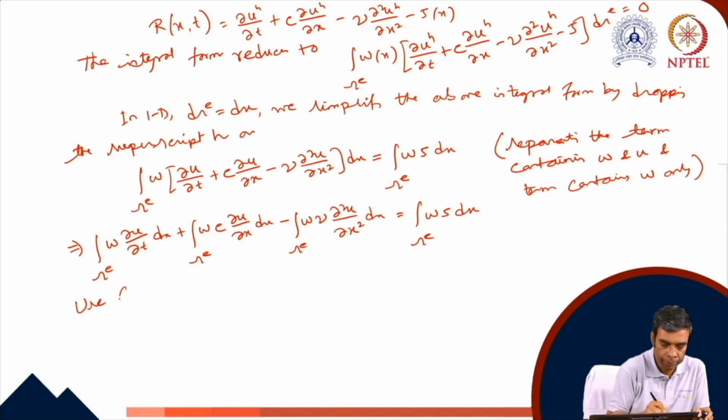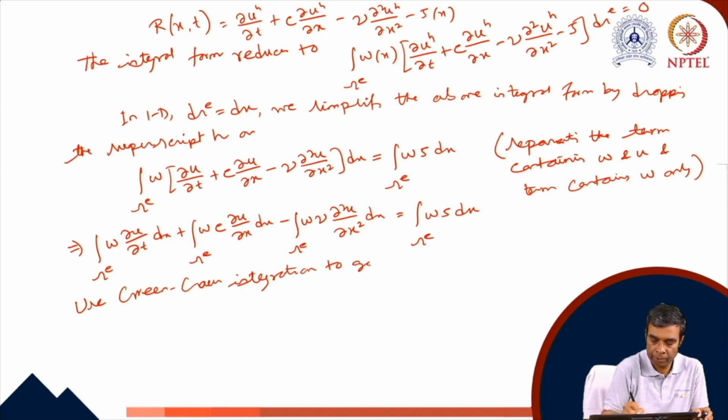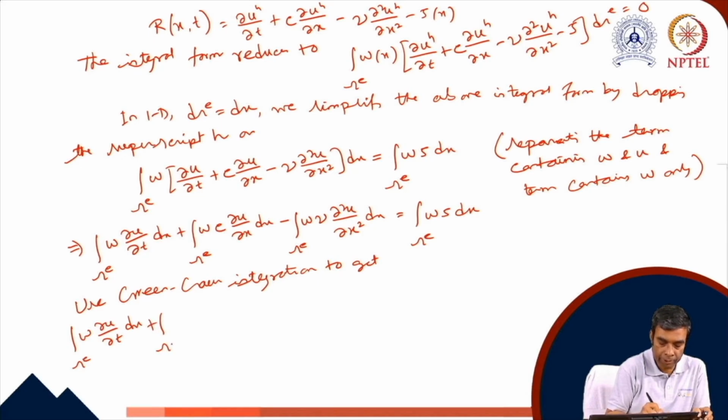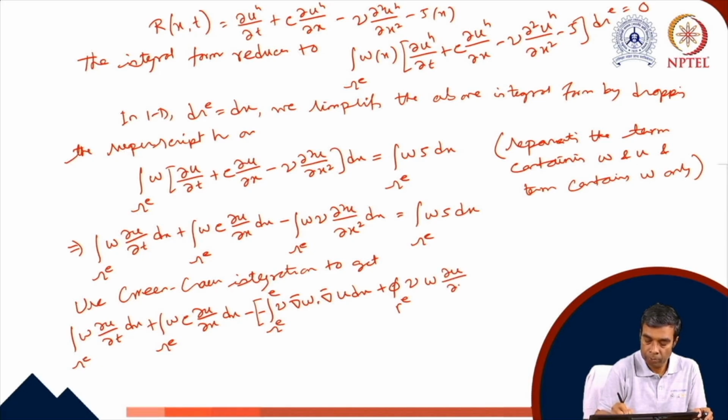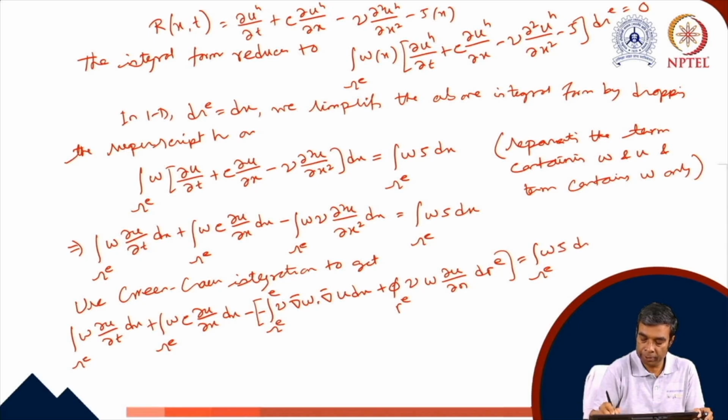Use Green-Gauss integration to get integration over omega E w del u del t dx plus integration over omega E w into c del u del x dx minus integration over omega E nu into gradient of w dot gradient of u dx plus boundary integral along gamma E nu into w del u del n d gamma E equals integration over omega E w s dx.